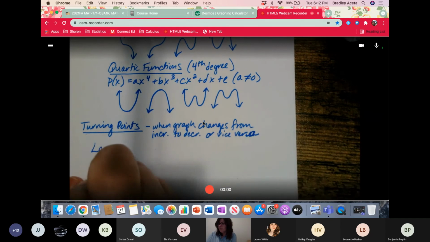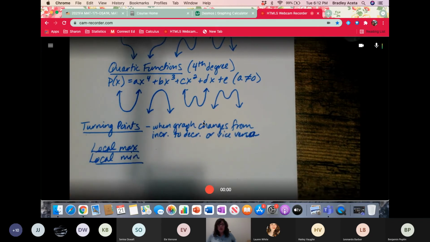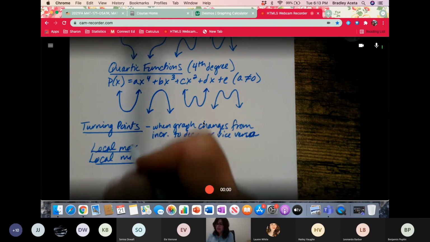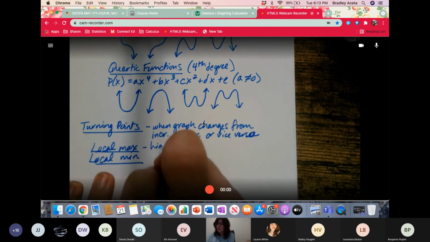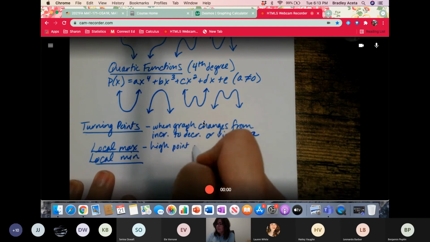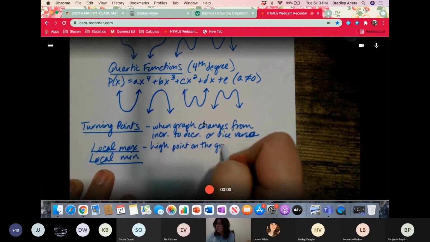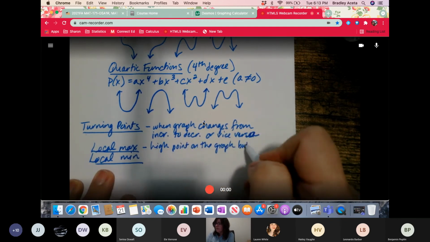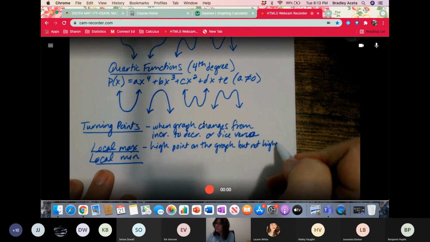I'll show you how. Local max and local min. Now we've talked about max and min before, but we've never talked about what a local max and a local min is. A local max is a high point on the graph, but not the highest.